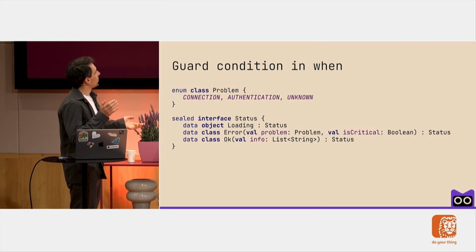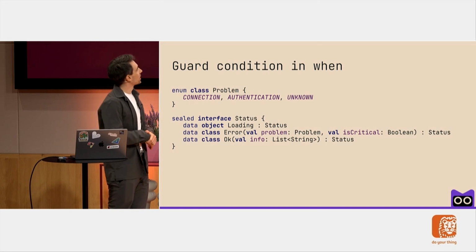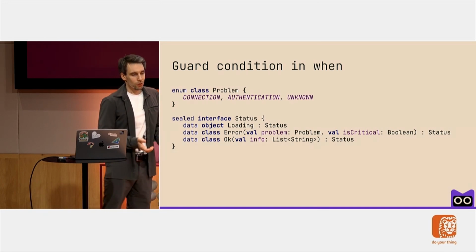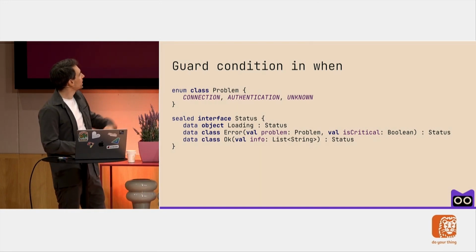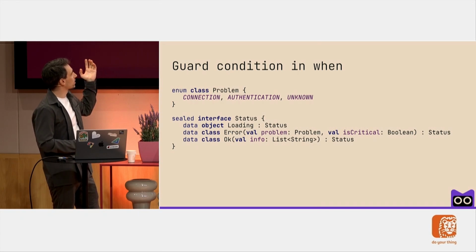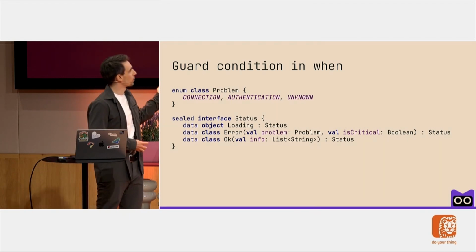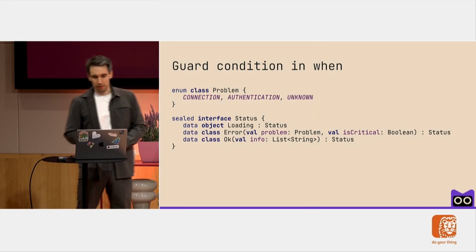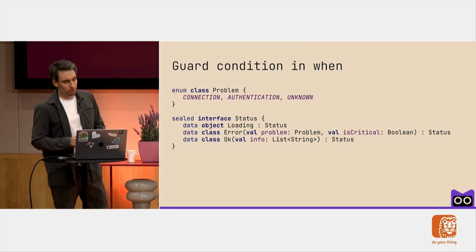We can have a typical enum class which contains a few enum entries. We have some sealed interface Status, which also has some classes like Loading, Error, and OK, which are subclasses of the interface Status.